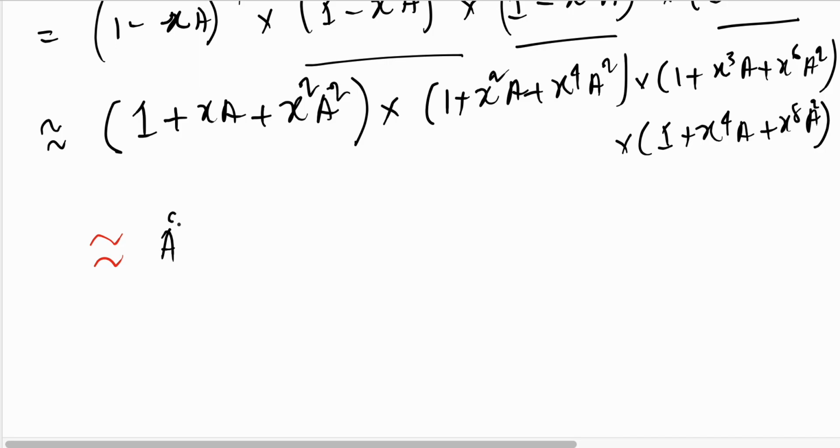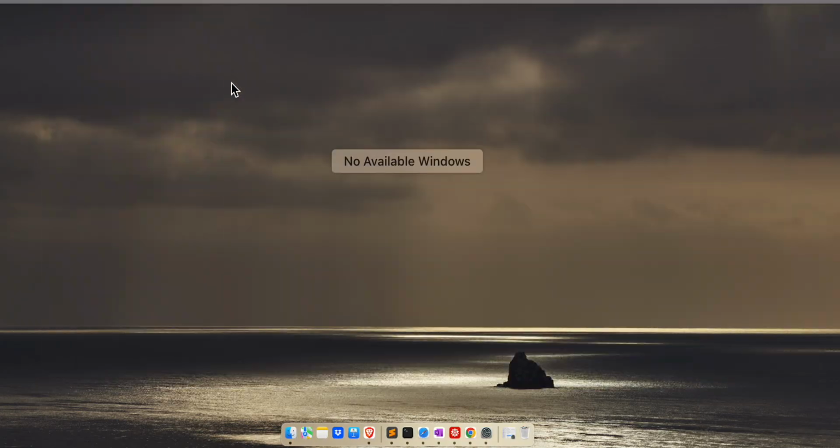Okay, a square, all the other terms are also there, but I don't care about that. I already know that only the term whose power is square, or power is 2, will survive.